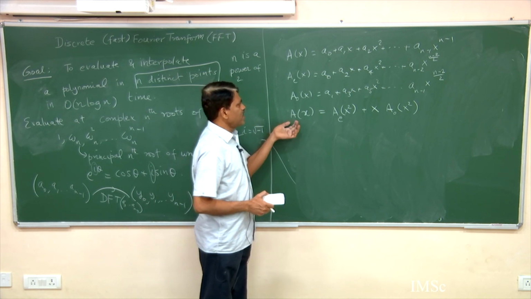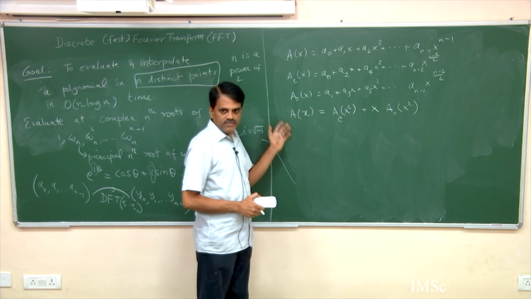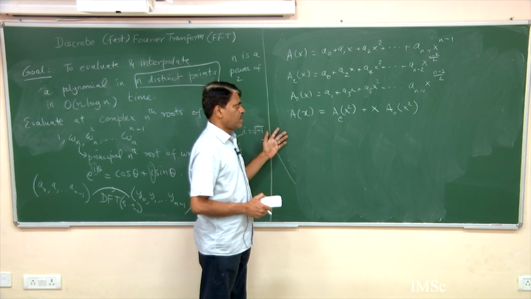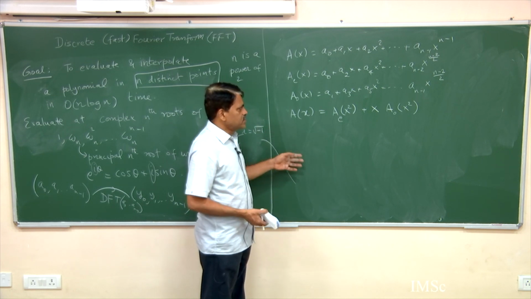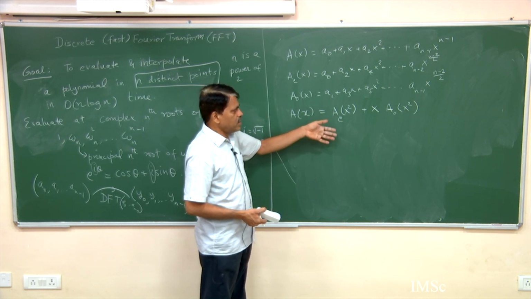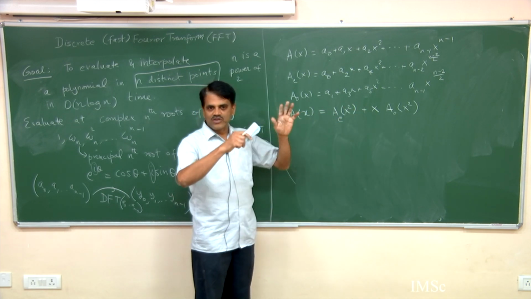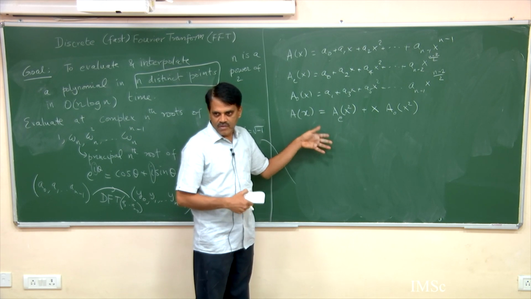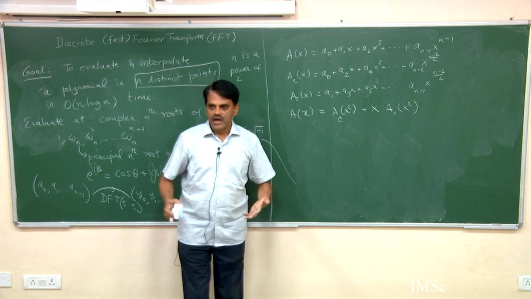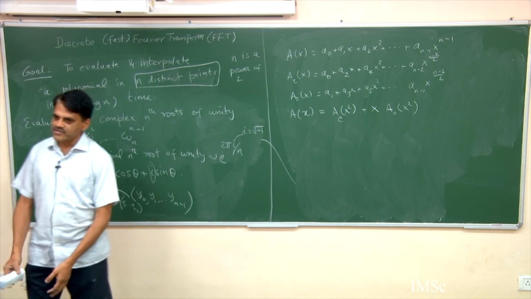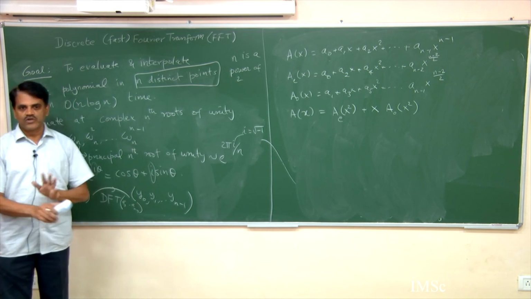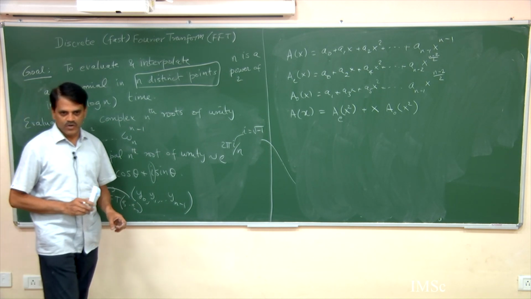If I want to evaluate A at nth roots of unity, and apply recursion, I want to be able to evaluate ae and ao, which are half the degree, at n by 2th roots of unity, right?